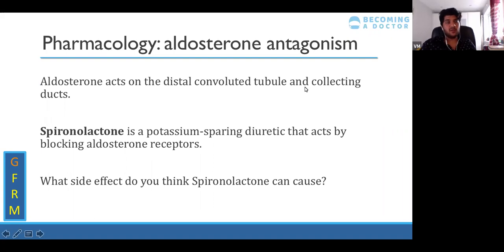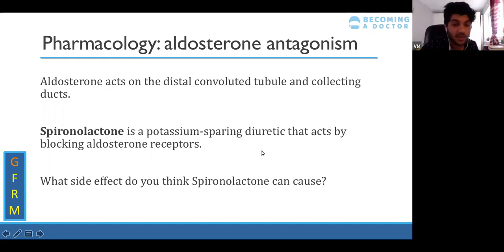So if you put in the chat, what kind of side effects would you imagine spironolactone would have as an aldosterone antagonist? Gynecomastia. Low BP, oh yeah, that's what you're trying to get.